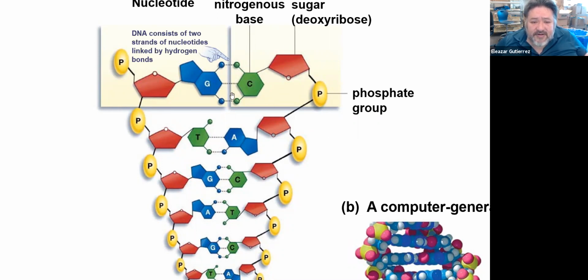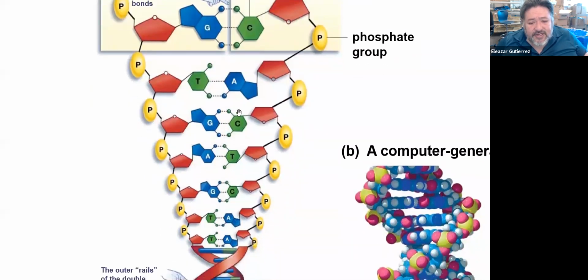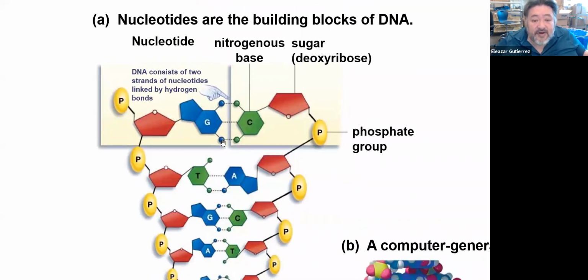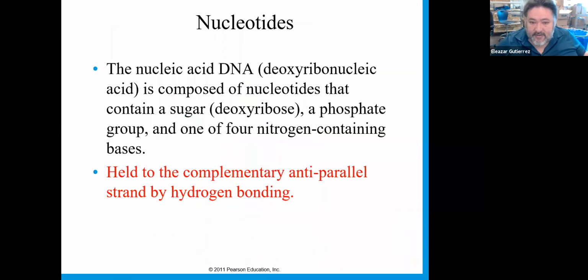And the hydrogen bonding is always going to be G to C and T to A. We keep on going G to C, T to A, on and on. You don't need to know it, but it's called Chargaff's rule. So they're held to the complementary anti-parallel strand by hydrogen bonding.